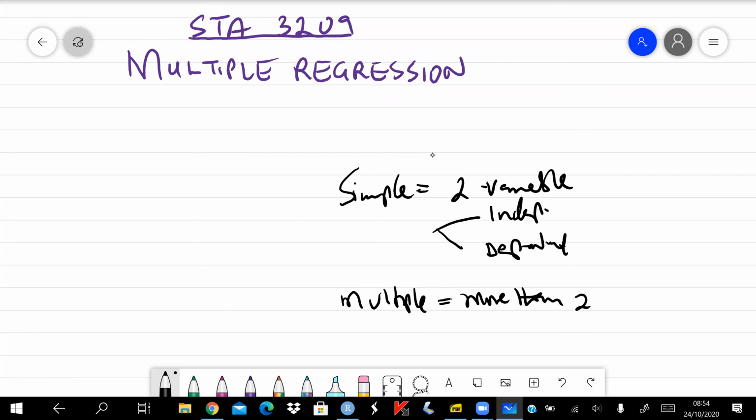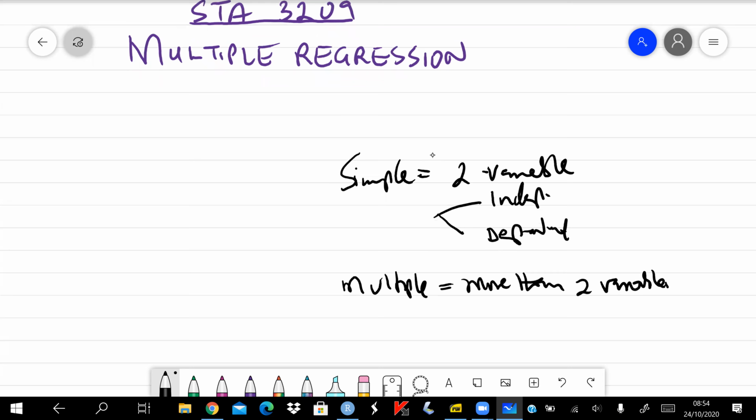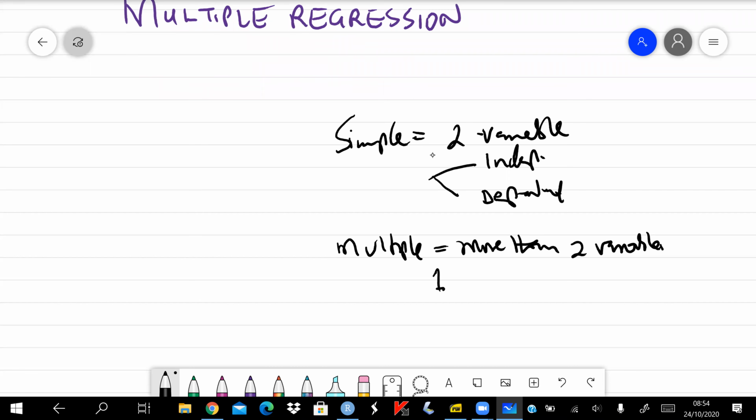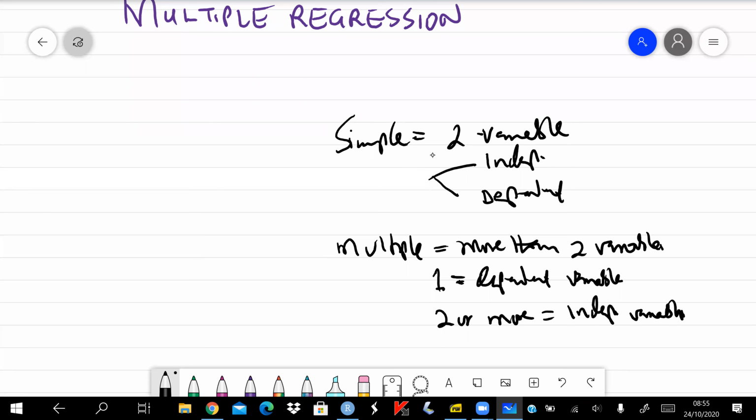One variable is the dependent variable, then two or more are the independent variables. So that's what we call multiple regression.